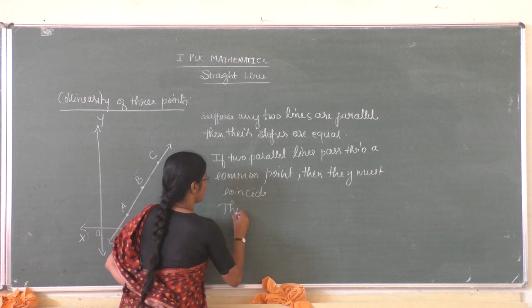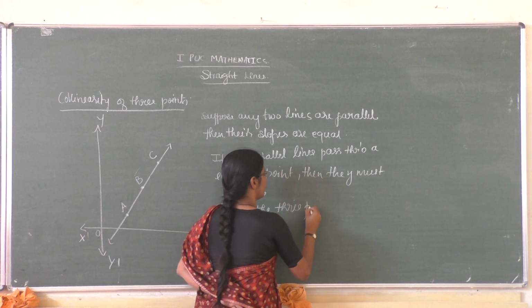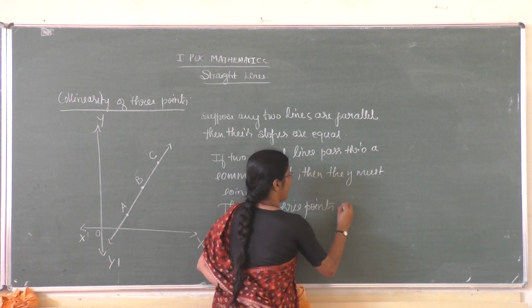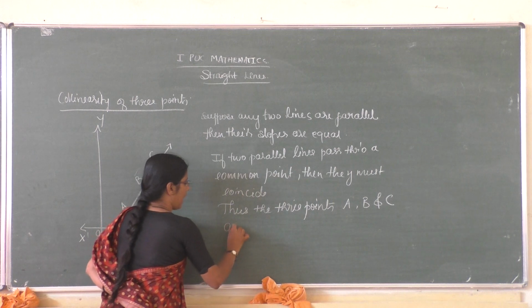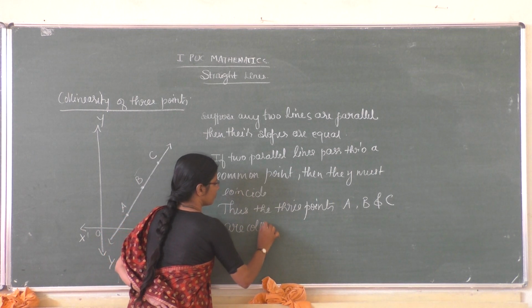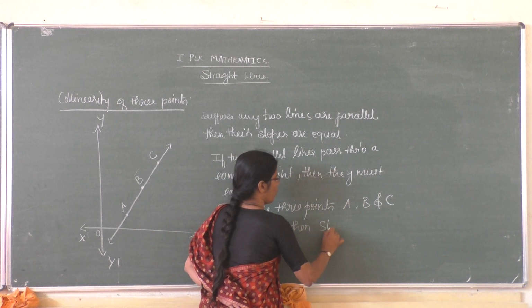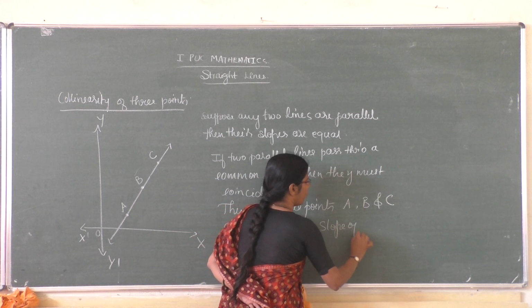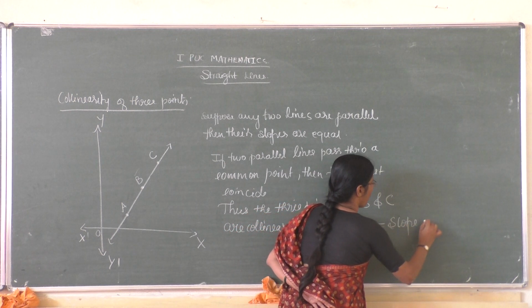Thus if the 3 points A, B and C are collinear, then slope of AB is equal to slope of BC.